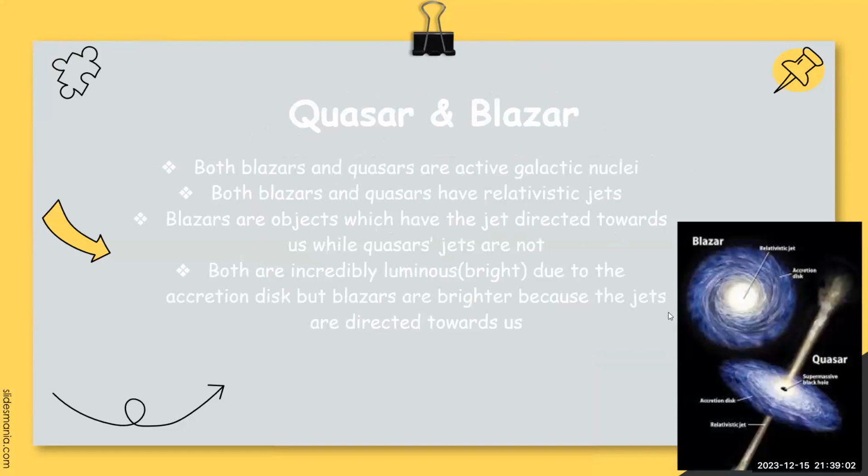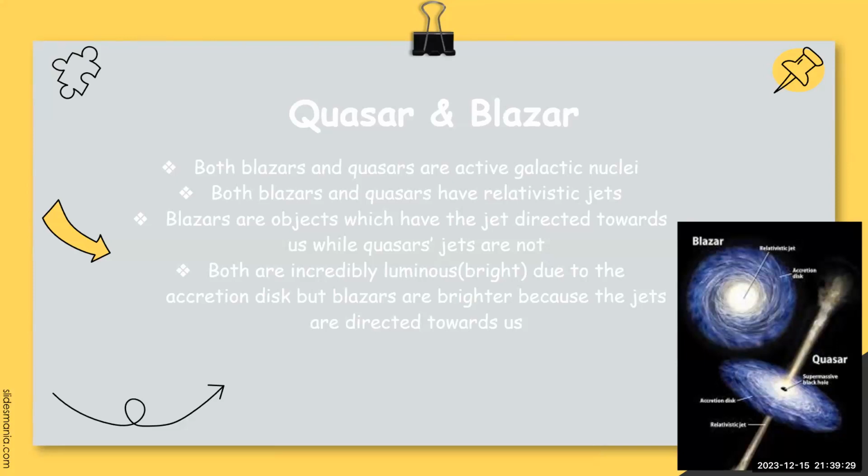Okay, now for the quasars and blazars. So these are both active galactic nuclei. Both of them have relativistic jets, though the main difference between them is that with blazars, the jet is directed towards us, while in quasars, the jets are directed in any other direction.